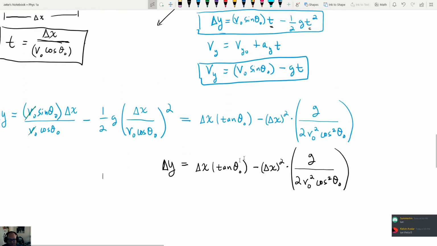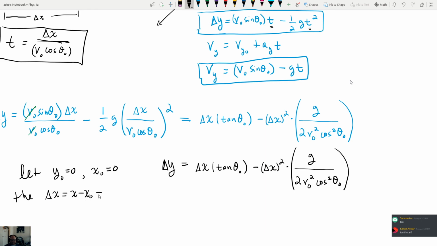So if we look at that equation, it tells us something about this motion. And I think we could write it in a way that might look a little bit easier to read. Let's say we pick y initial equal to 0 and x initial equal to 0. Then since delta x is equal to x minus x naught, delta x would just be x minus 0, which means delta x would just be equal to x.